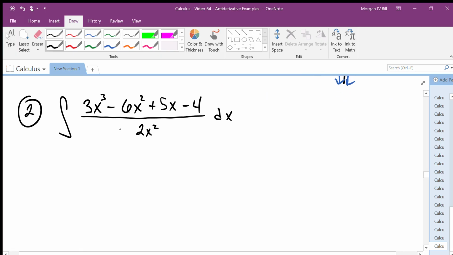I have a monomial in the denominator, so I'm going to write every term in the numerator over 2x squared. So 3x cubed over 2x squared, 6x squared over 2x squared, 5x over 2x squared, 4 over 2x squared. Right? So it's going to look something like this.